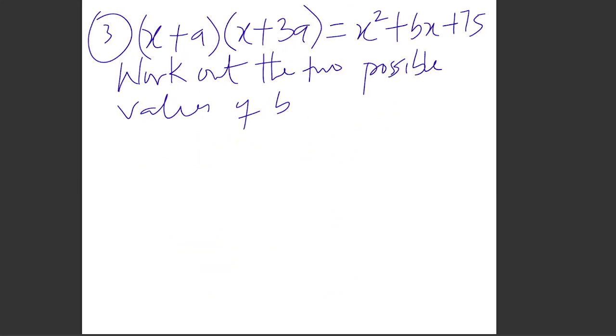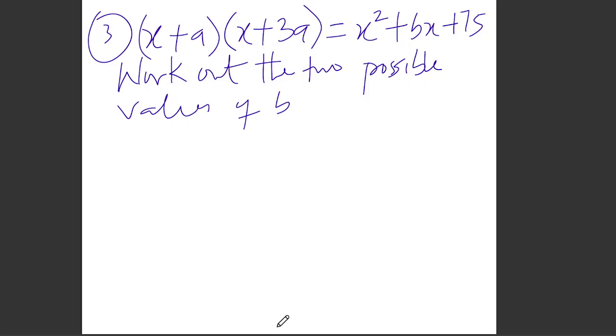Alright, this is the third one, and we are given these two expressions, these equations. So one expression on the left hand side equals another quadratic expression on the right hand side. So what you are going to do here is very simple.